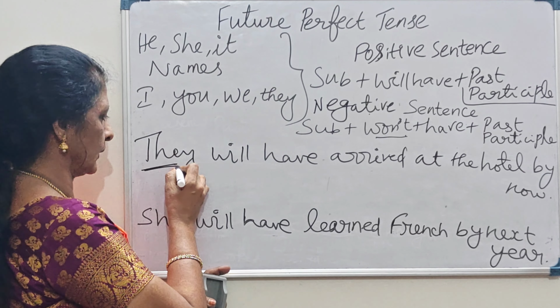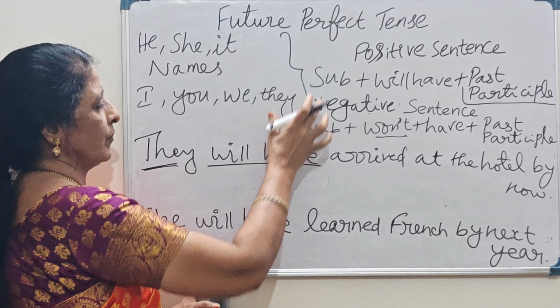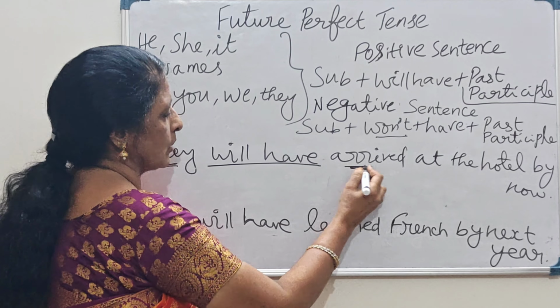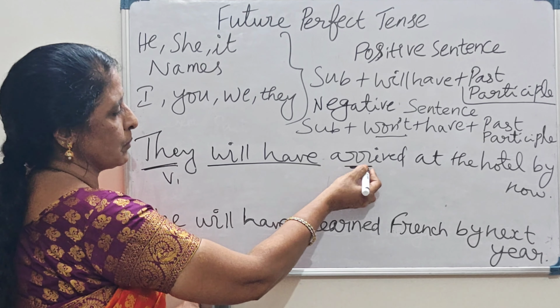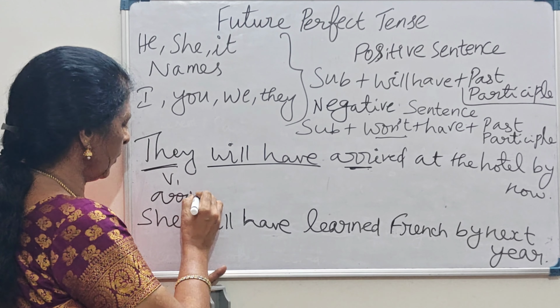Here see, first we have to write the subject, then will have for future perfect tense, plus arrived. Arrived is the past participle. Now we'll see the present tense and past tense for this. Arrive is a regular verb.